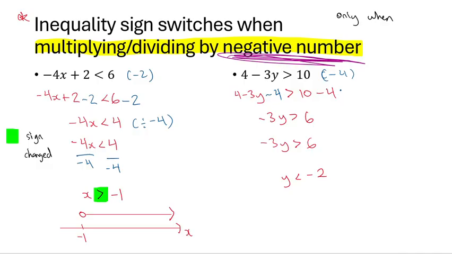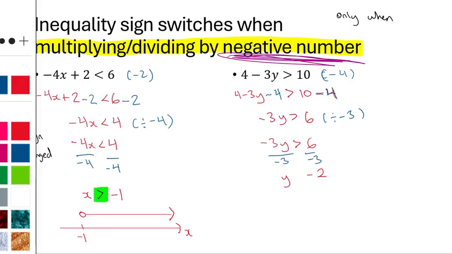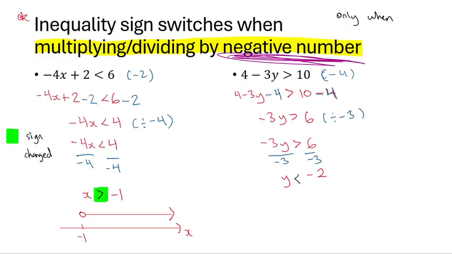Hold on, let me see now. Let me just fix this up. So as you can see here, the sign changes. So y is less than negative 2. So this means x could be any value less than negative 2.